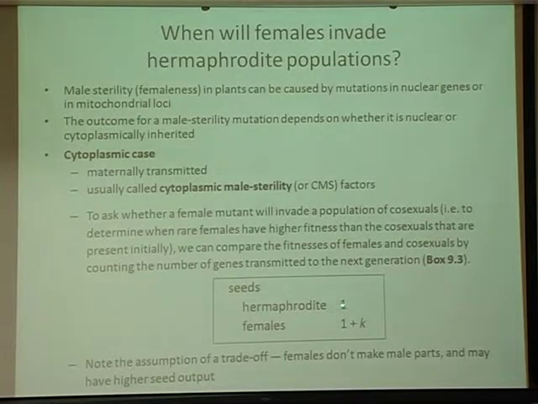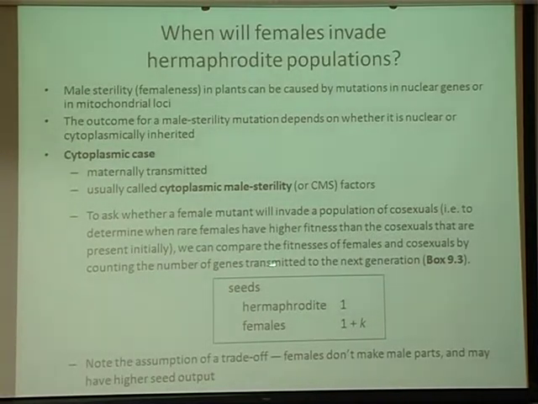And you can assign fertility of any number, so let's call it 1 for the cosexuals, and let's say females have a different female fertility. And let's assume that that's all that's going on. Why might females have a higher fertility, if it is higher? It's intuitively reasonable to think it might, and I put a remark down here, because if they don't have to make those male parts, perhaps they've got more reproductive resources and they can make a few more ovules.